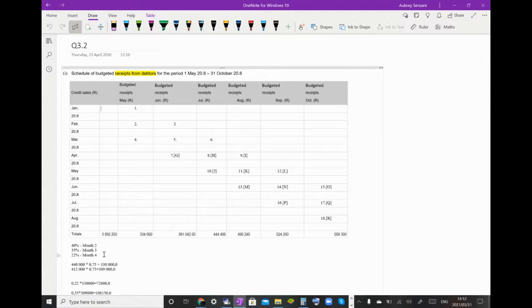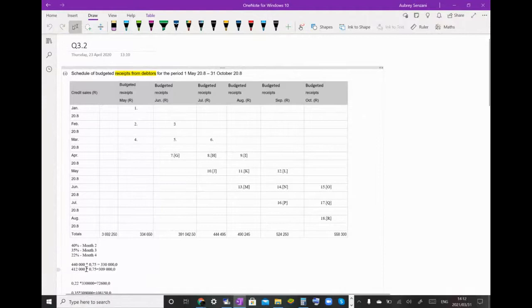Cool. So we have now read that information, we've read the additional, and we can jump into our question. But before we can, we need to work out how much credit sales we had in each month. So, how much credit sales did we have in January?